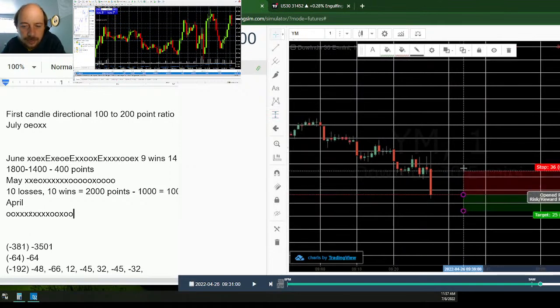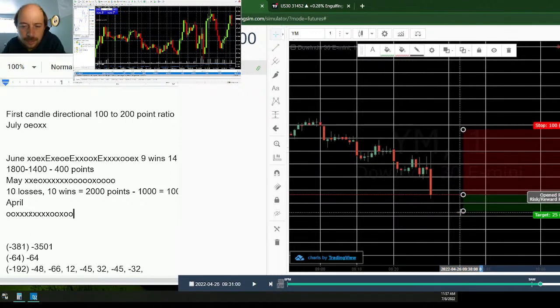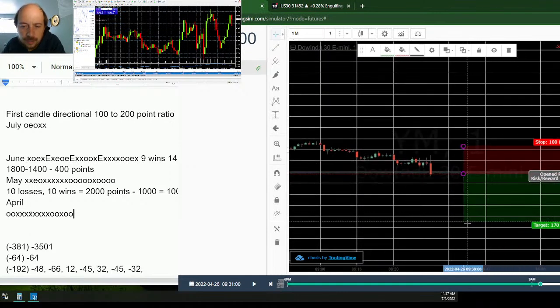So we take a 100 point stop and a 200 point take profit in the direction of the first 1 minute candle.